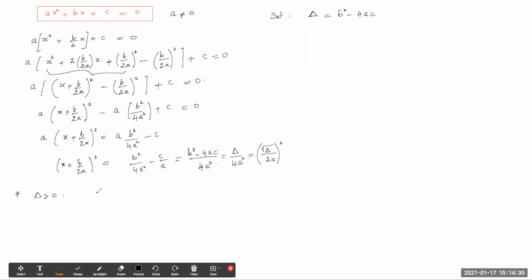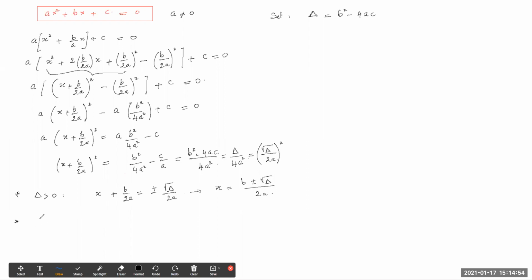So the general solutions will be x plus b over 2a equal plus or minus square root of delta over 2a. And we have all the possible solutions, which we can write also x equal minus b plus or minus square root of delta over 2a, the same denominator.